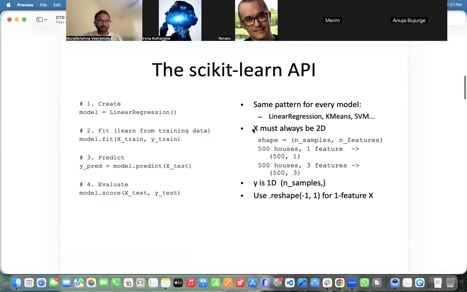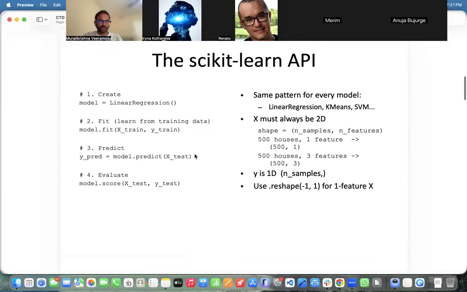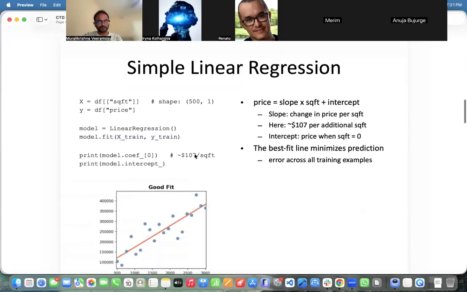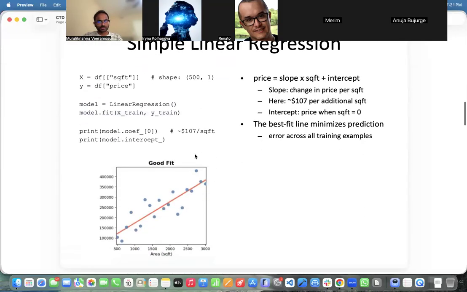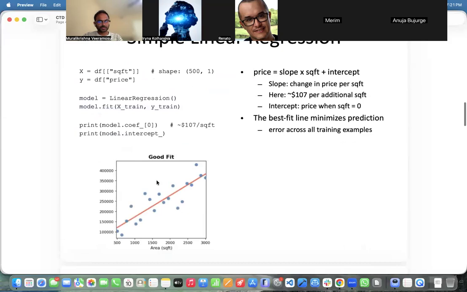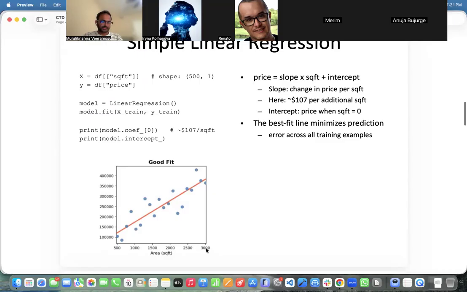This is about the scikit-learn code. You can see in this diagram, on the x-axis, I have square feet, and on the y-axis, the price of the home. This line represents our model, and these dots are the data points.